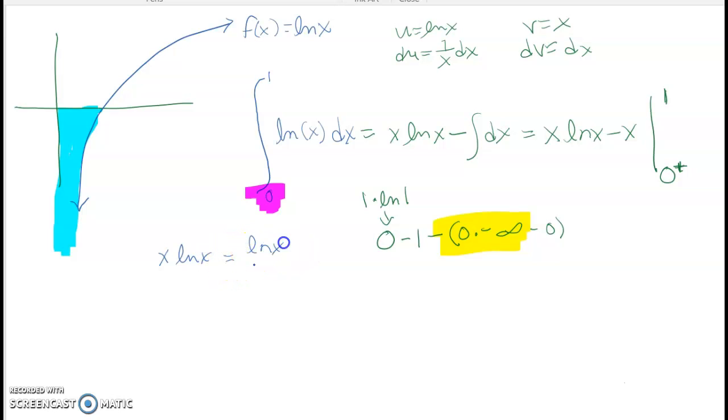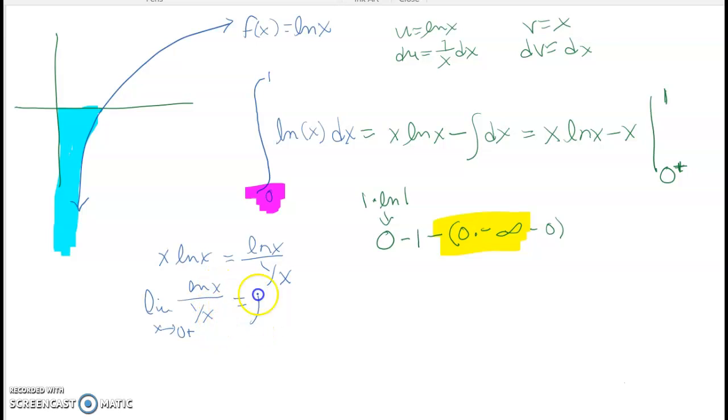So I'm going to put the ln of x on top. That makes my chain rule so much nicer. Basically don't have a chain rule. So I'm looking at the limit of ln x over 1 over x as x goes to 0 from the positive side. And so now I've got infinity over infinity.